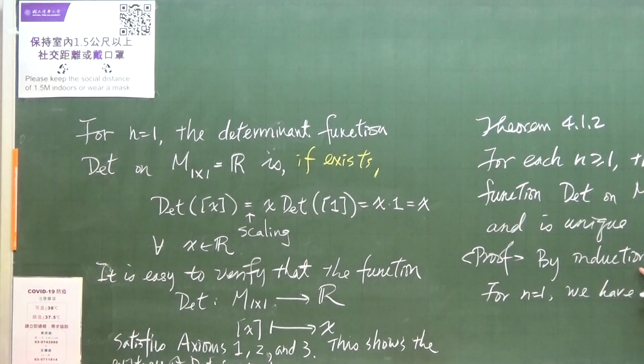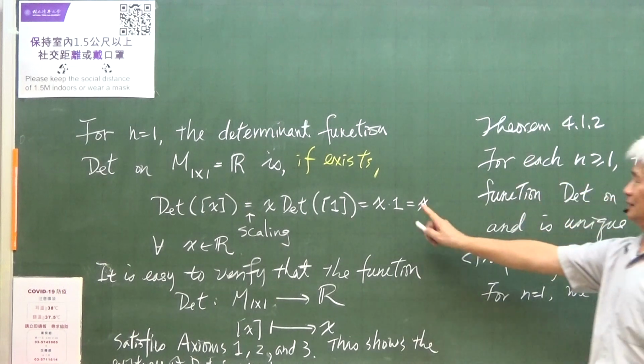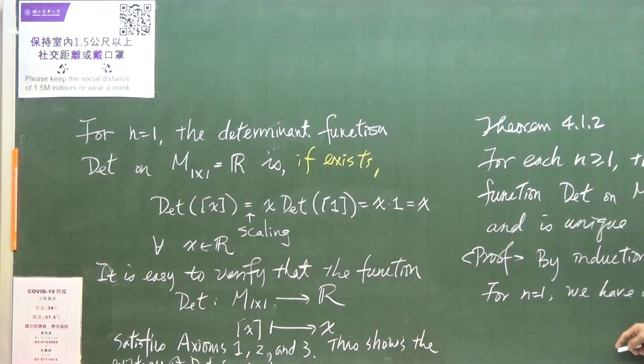Now for induction on n. For n equal to 1, we have done, because we just proved that the determinant function exists and is unique for n equal to 1.